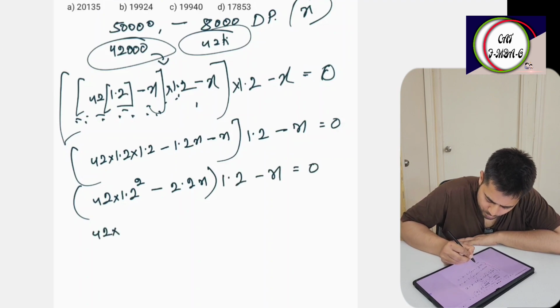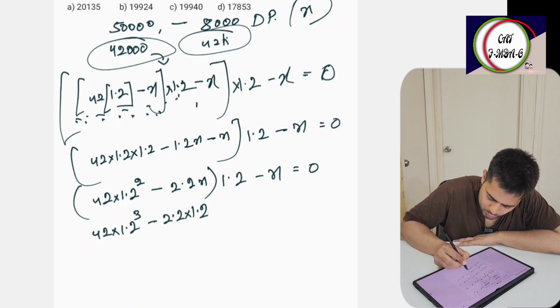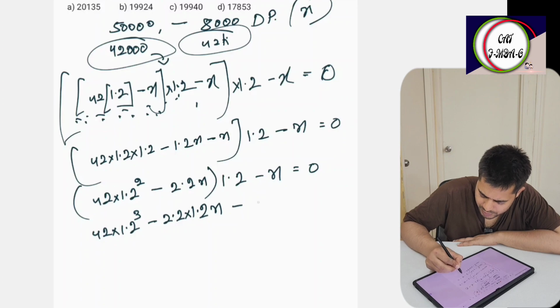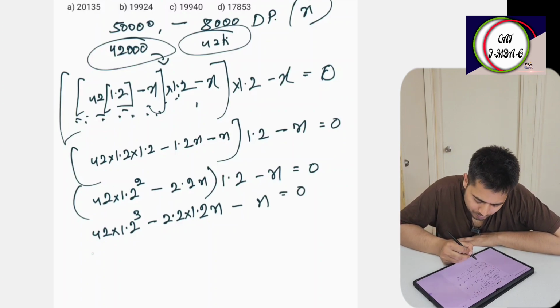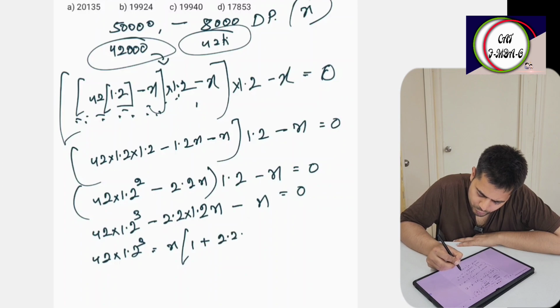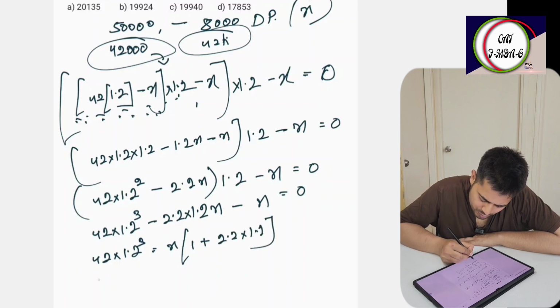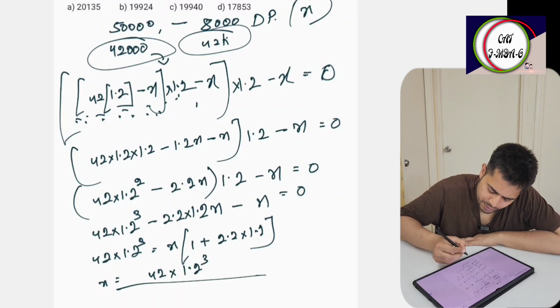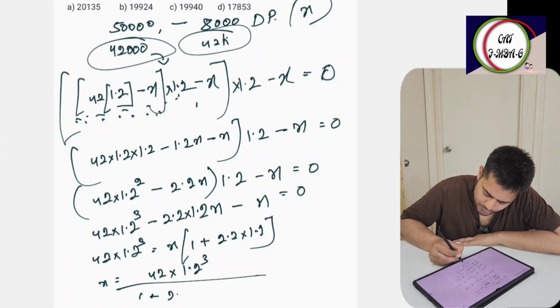Now 42 into 1.2 cube minus 2.2 into 1.2 into x minus x is equal to 0. 42 into 1.2 cube is equal to x common, 1 plus 2.2 into 1.2. X is equal to 42 into 1.2 cube divided by 1 plus 2.2 into 1.2.